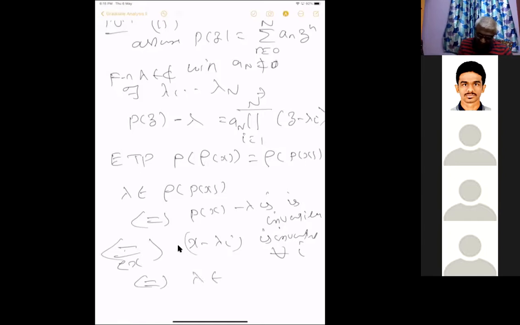Okay. So this is equivalent to saying lambda is in p of rho of x. That's what we want. p of x. Right? Then the product is also invertible.